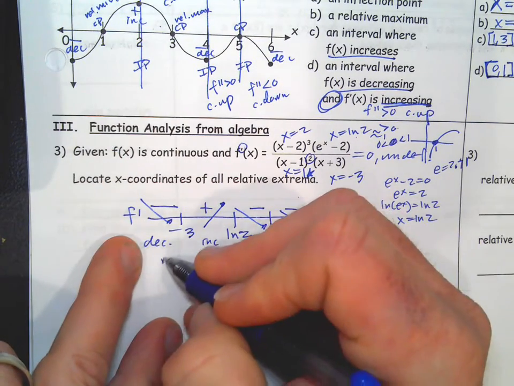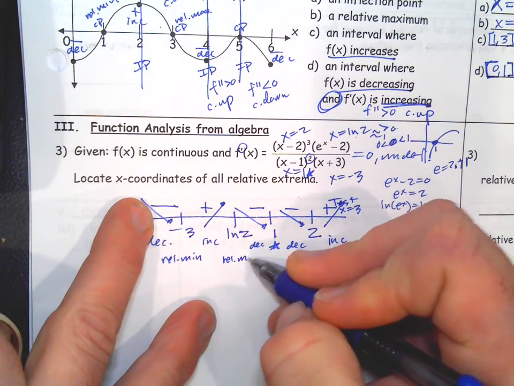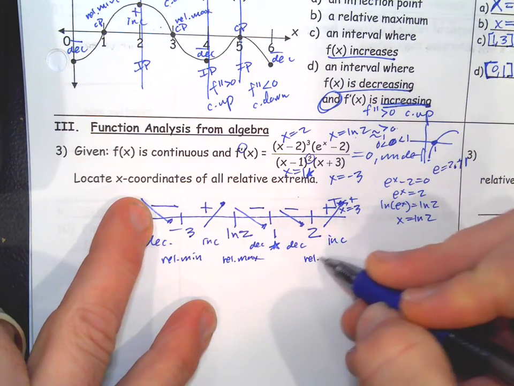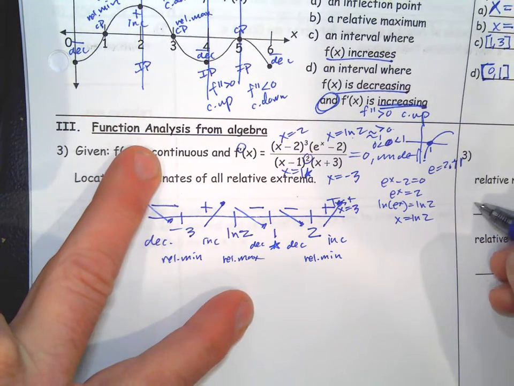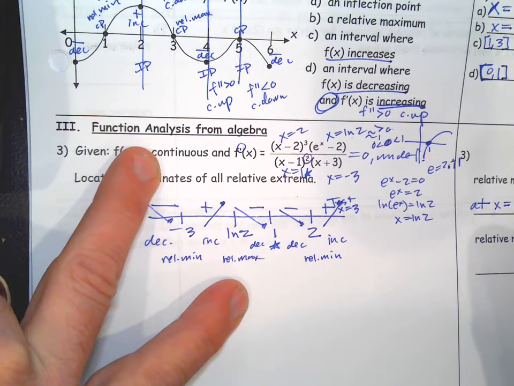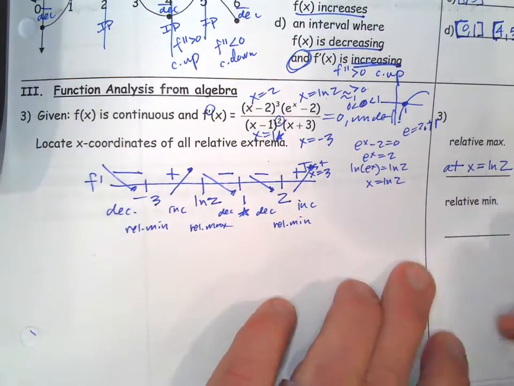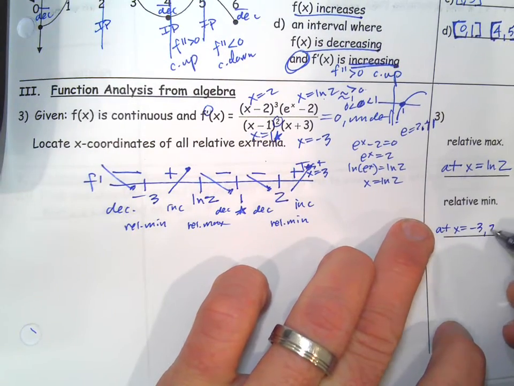And this is a relative min. This is a relative max. This is a relative min. So we're going to say that there's relative max at x equals natural log of 2. And there's relative min at x equals -3 and positive 2.